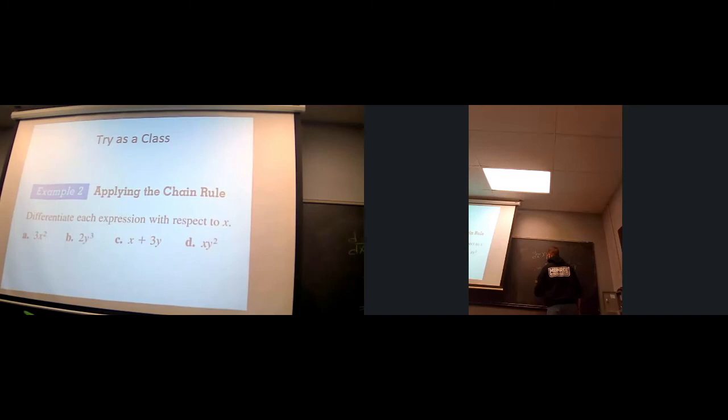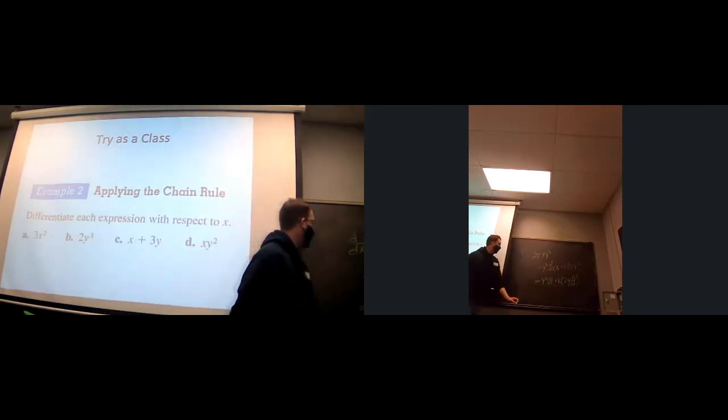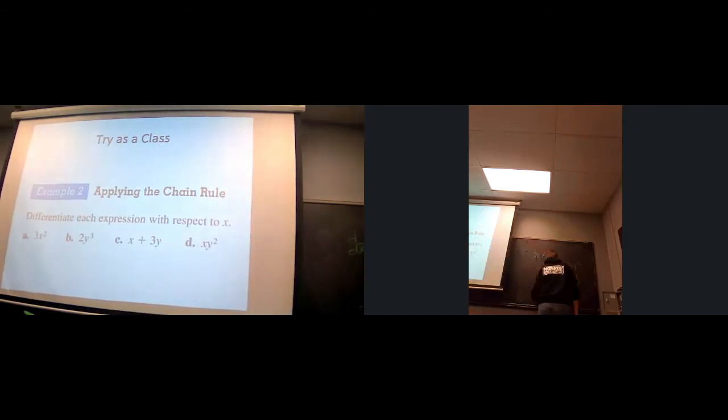So what we're going to get is y squared times 1 plus x times, we just saw this, 2y dy dx, which we can reduce further to y squared plus x 2y dy dx, and if we wanted, we could factor out a y.